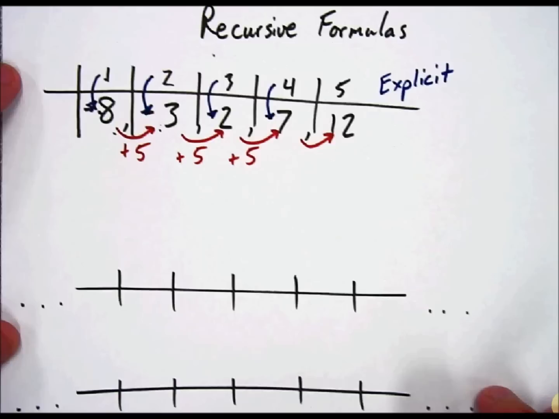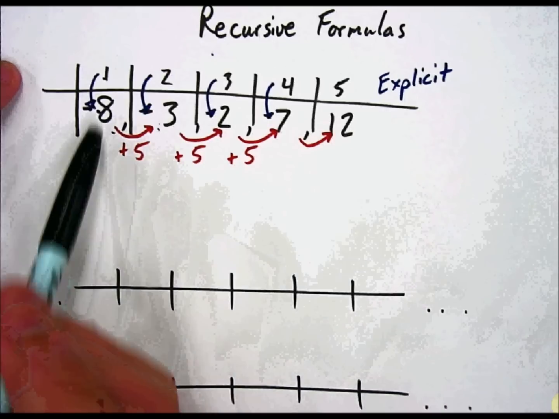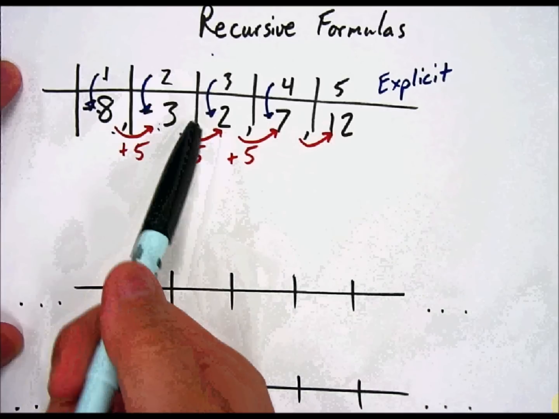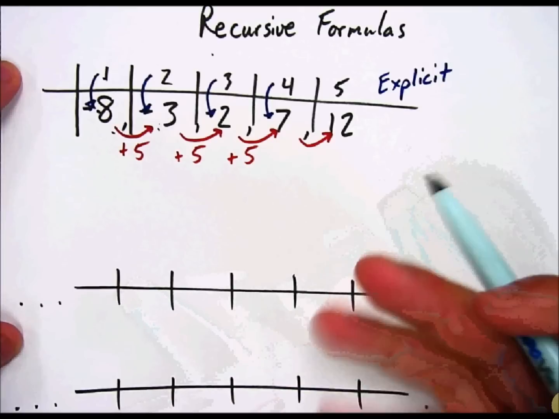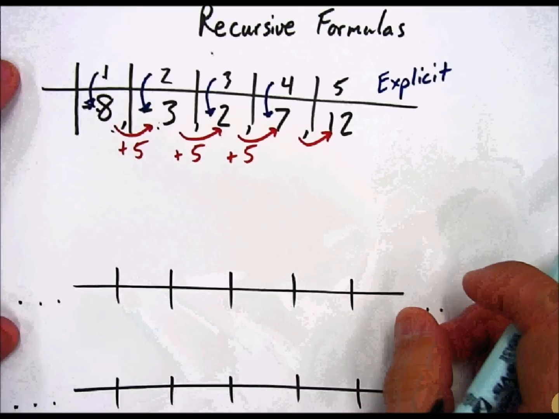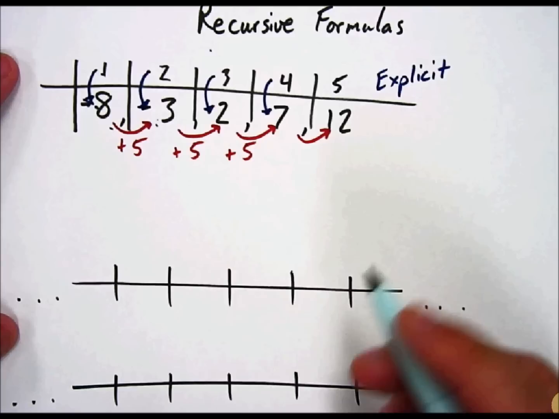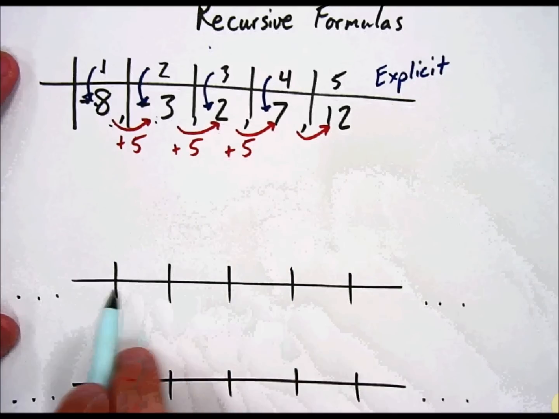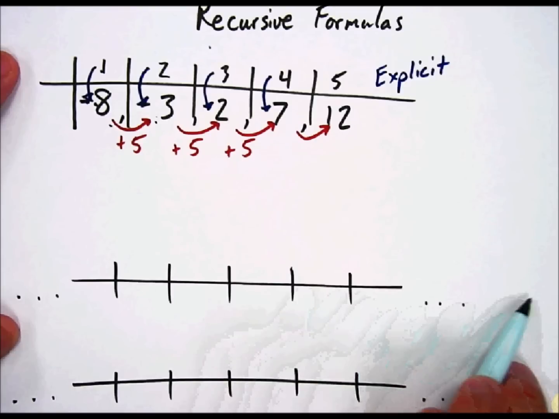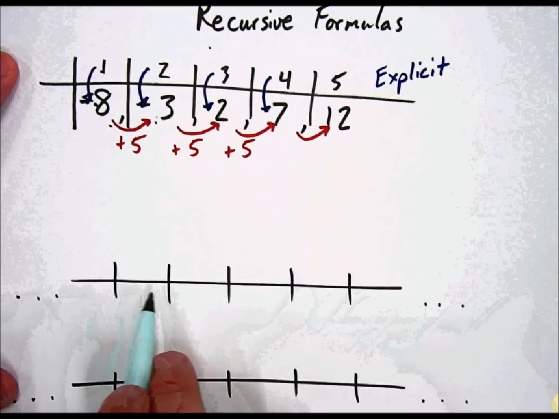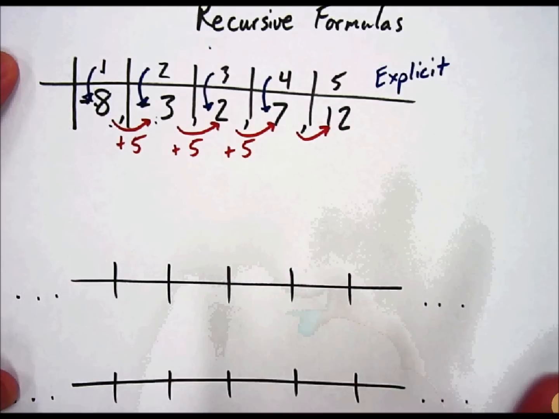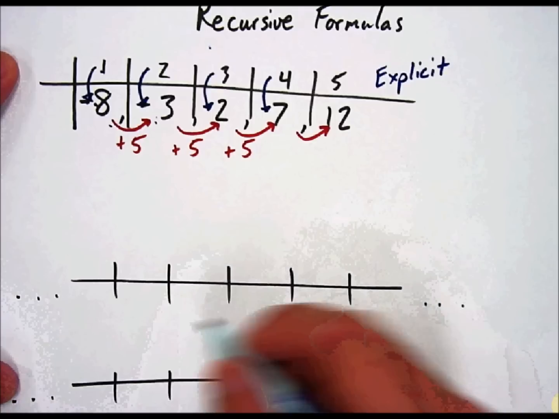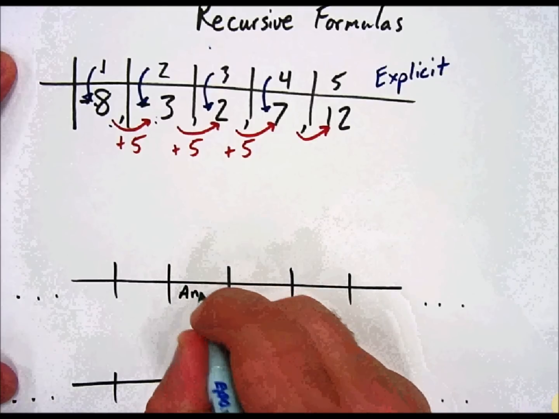How do we think about that? That's great. We know the pattern on this example, but how do we make a rule that's more abstract, more general, that can describe this? One way to think about it is something like this. If this was my sequence, and it kept on going, and it had numbers before it, but I just picked any spot somewhere along the way. Let's just call this any number.